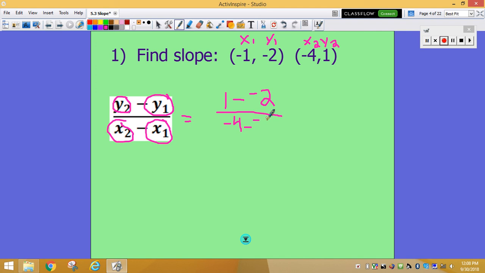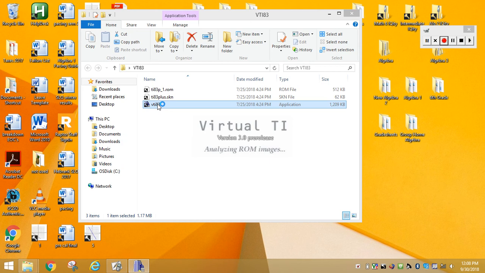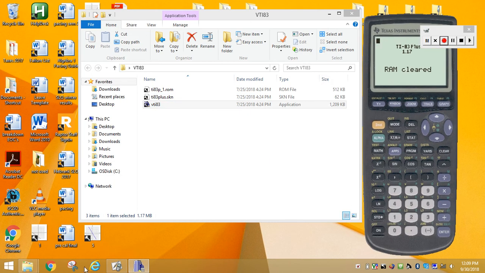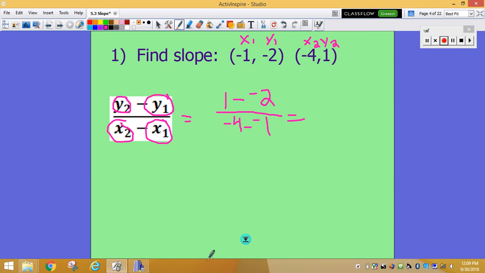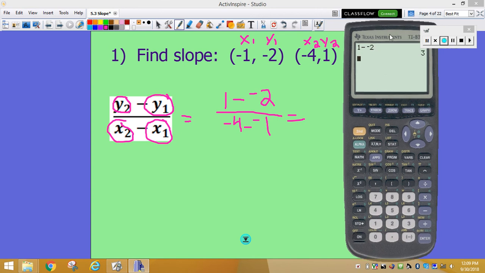It is negative 1. So let's talk about typing this in your calculator. Make sure if you wrote down a negative that you're typing in a negative. So let's look at what I wrote. On top I have 1 minus negative 2, so it's going to look like that, and you get 3.